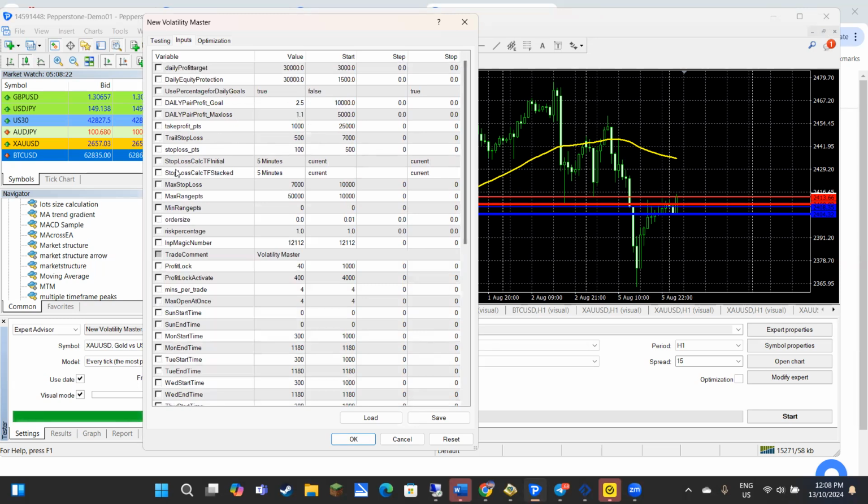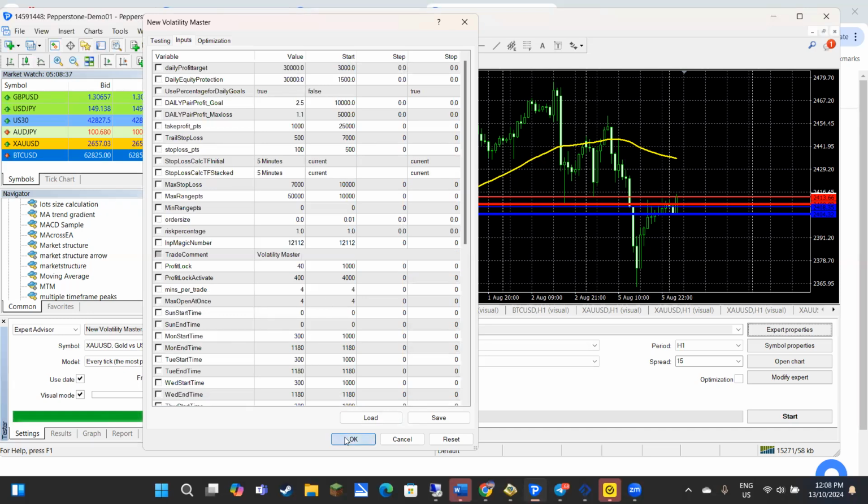Now we have these two new settings, the stop loss calculation time frame for the initial trades and the stop loss calculation time frame for the stack trades. And by having them both set at 5 minutes, this software is going to operate exactly as it currently does.